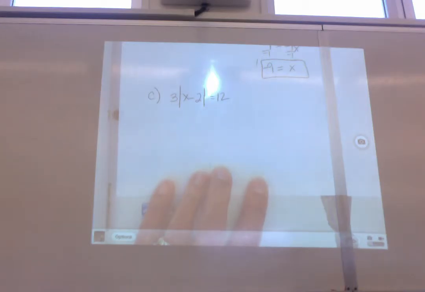Again, we have a little math to do on these more complicated ones before we split it into two new problems. The first thing we've got to do is say, hey, there's a 3 outside my absolute value. This time, though, in the last two problems, there was a number added to it. What does it mean if a number is sitting right next to something? Is that addition?